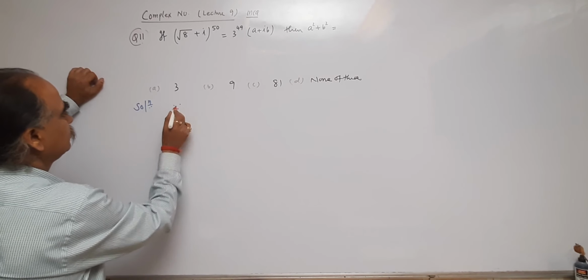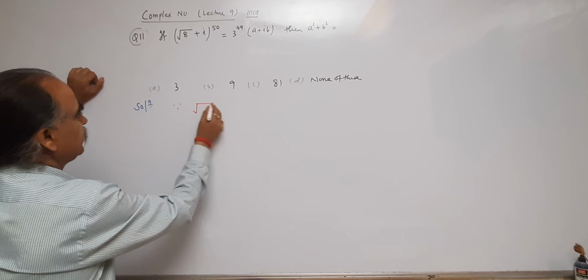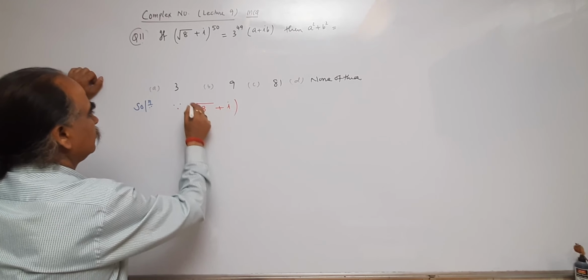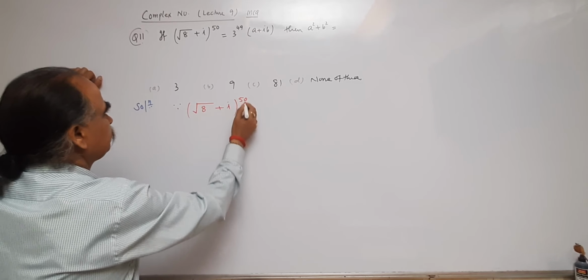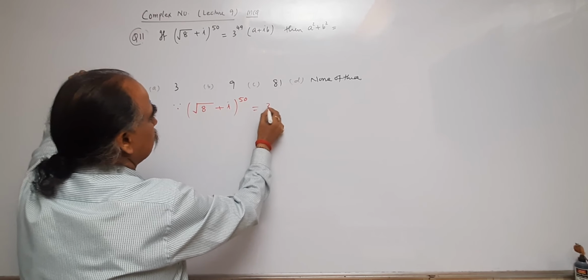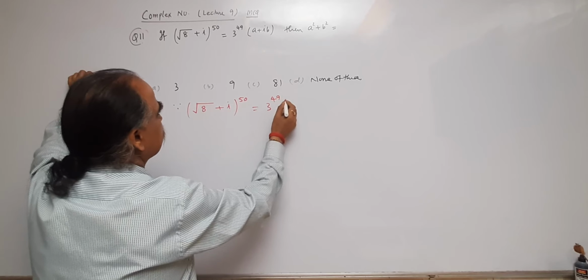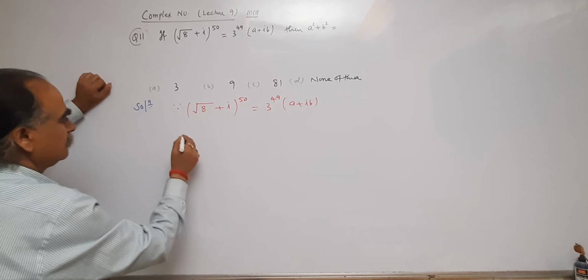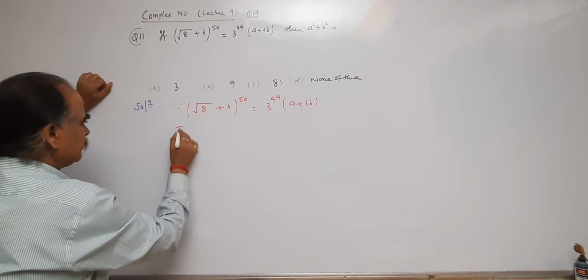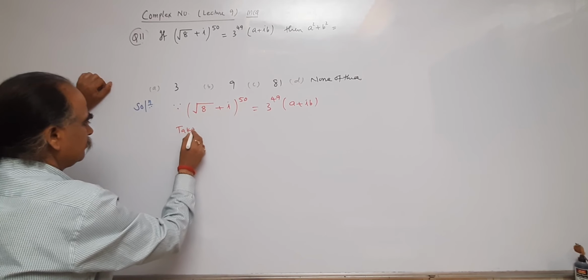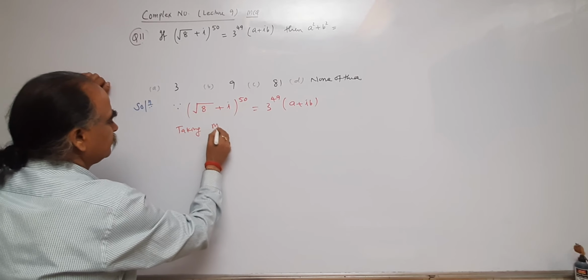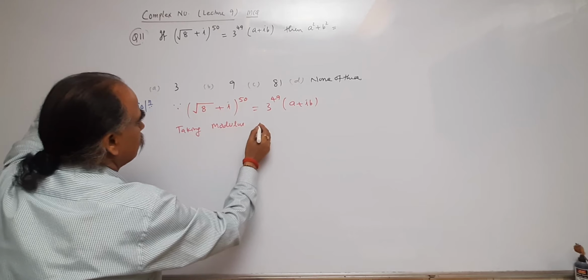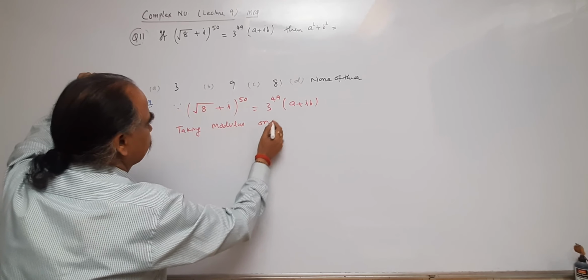Since root 8 plus i raised to 50 is 3 raised to 49 into a plus ib, taking modulus on both sides.